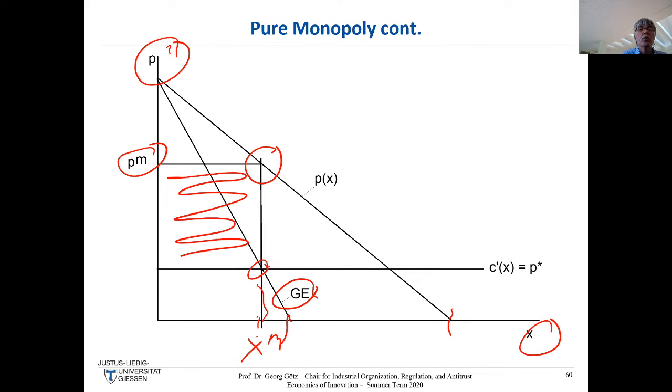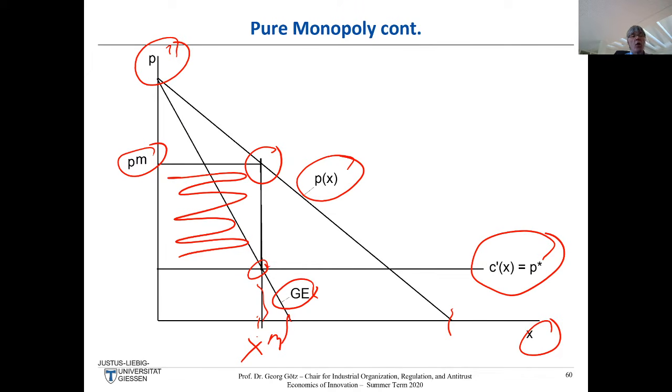You see here, what is this? This is producer surplus. This will be a very important measure in our economics of innovation course, because suppose you're an innovator producing a product innovation, bringing a new product to the market, and this new product has marginal cost like this, and you face this inverse demand function. You exactly know what the operating profit will be.